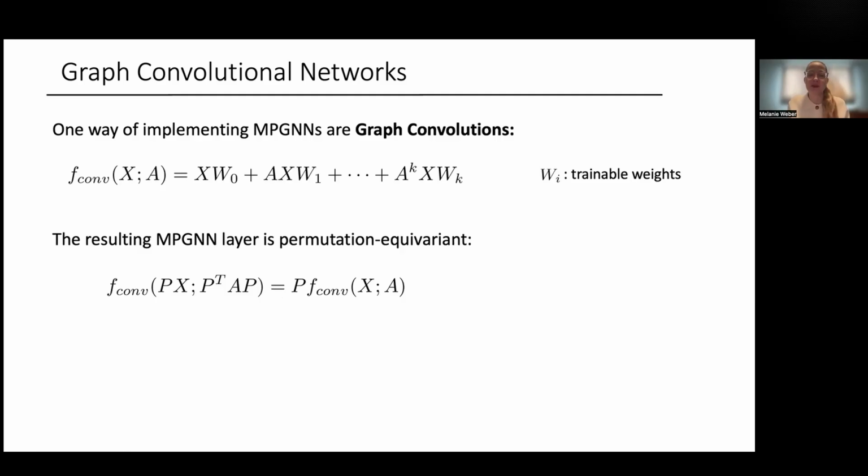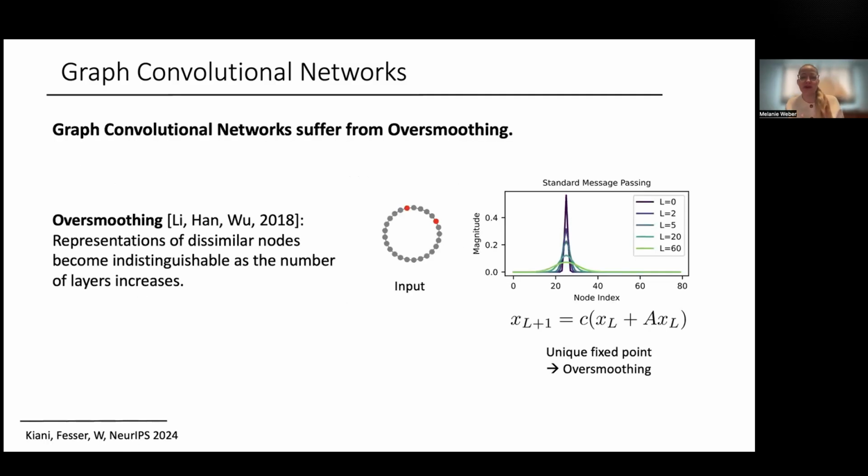And if we were to permute the indices of the nodes of a graph, then the function that our model learns to approximate should not change. So that's why we want a permutation invariant architecture. And in order to achieve this, we need a permutation equivariant layer. And this is exactly what is achieved here. So it's a very common way of implementing message passing graph neural networks.